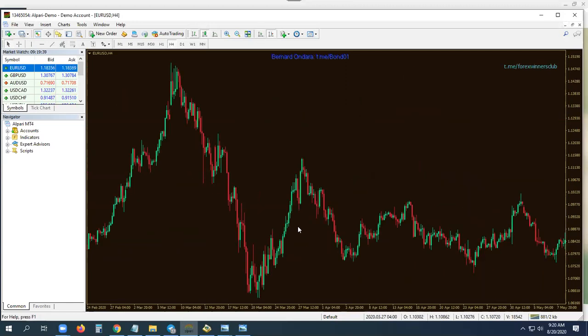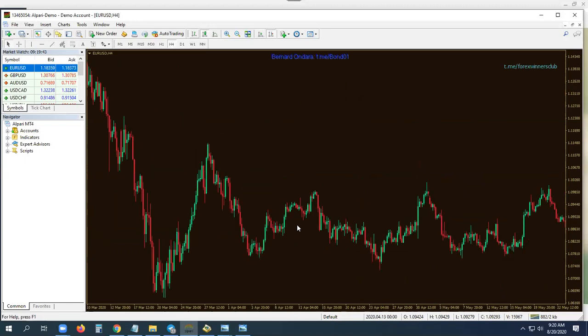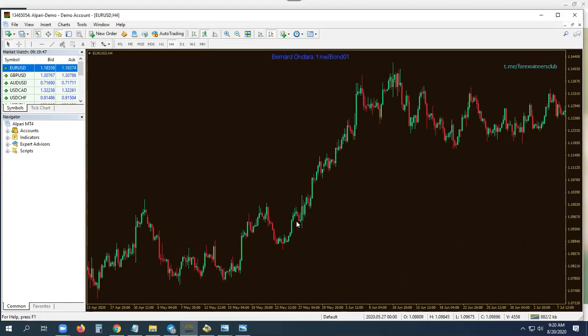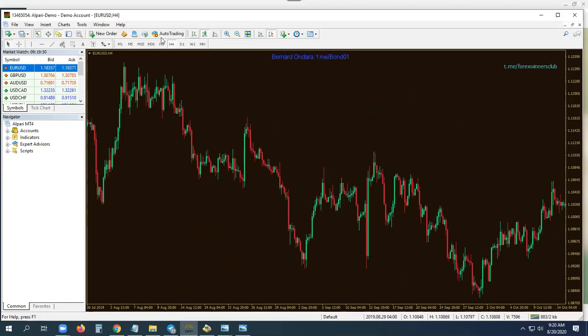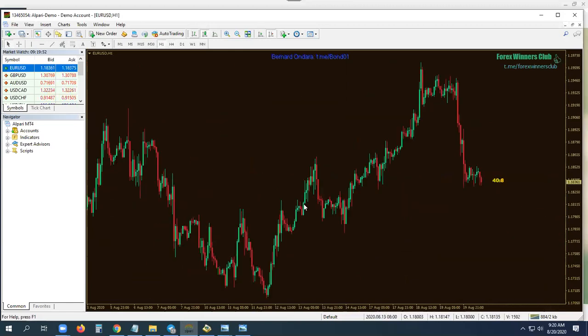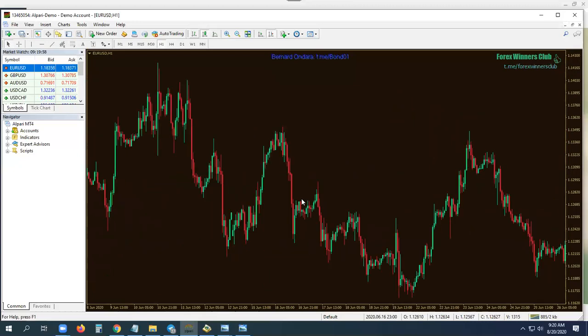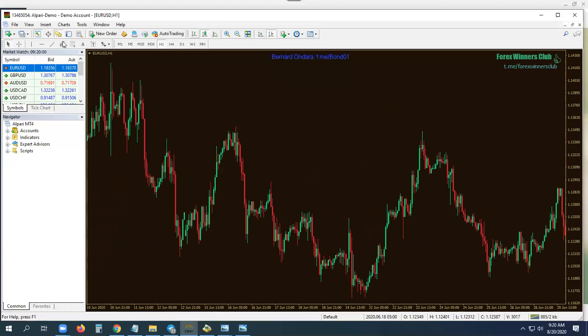Maybe this one. Which one here? I don't think this one is a good example. Maybe the 1 hour chart. Let's try there. Okay, maybe you were picking your trade from here.